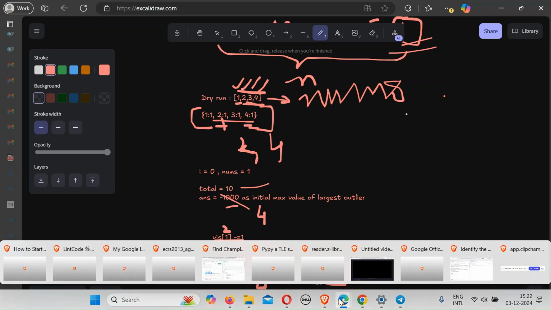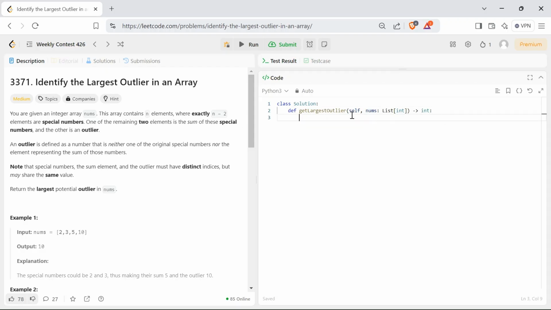Let's write out the code for this now. Total equals sum of nums, with the dictionary of Counter nums. For num in nums, I will iterate over the whole array. I would decrement the value of num by 1.